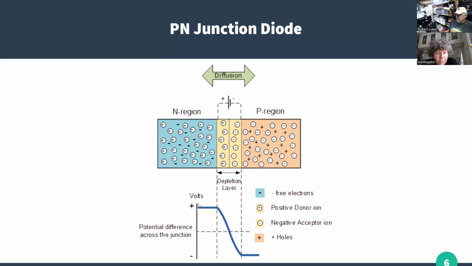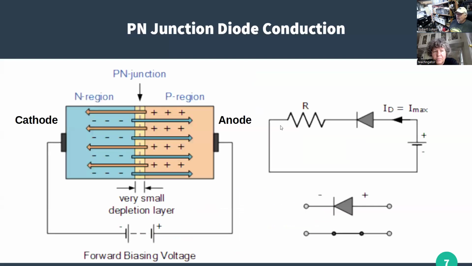It just kind of shows what the voltage looks like across the junction. This is just another showing the way that the positive ions move and the negative ions move.